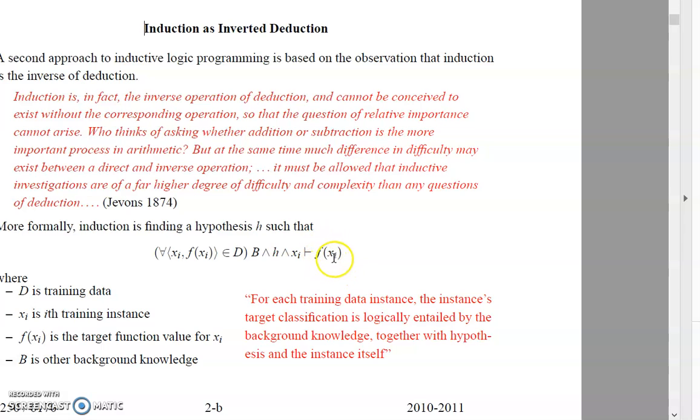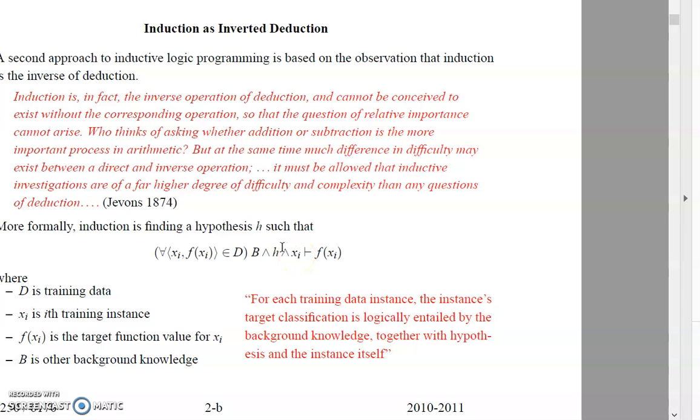So I can read this as f of xi follows deductively from the set of training examples, background knowledge, and hypothesis. So f of xi is following deductively from the background knowledge, hypothesis, and its corresponding example.